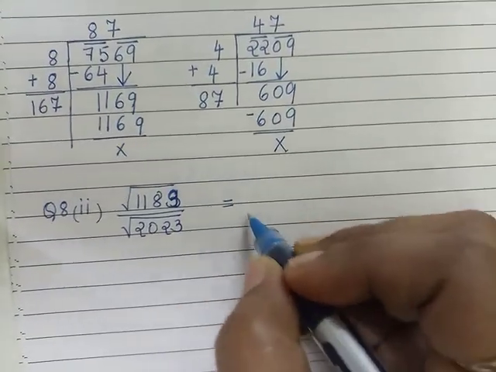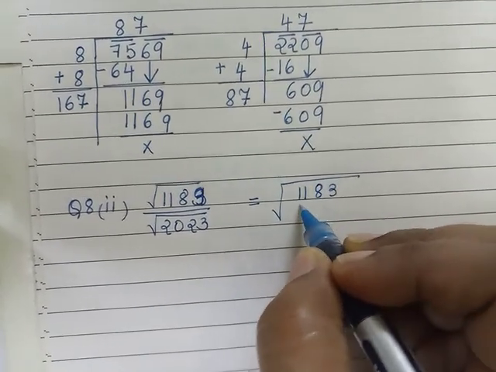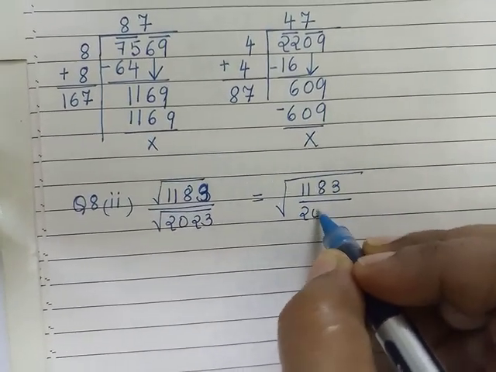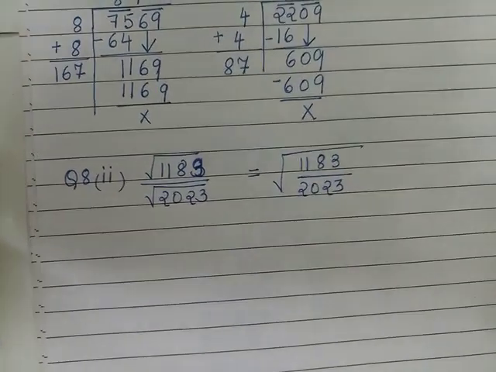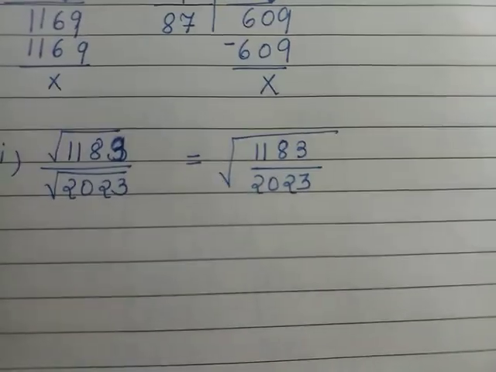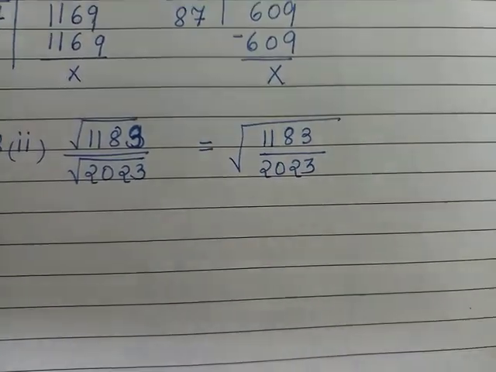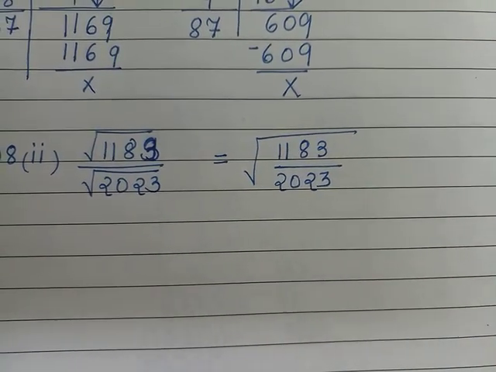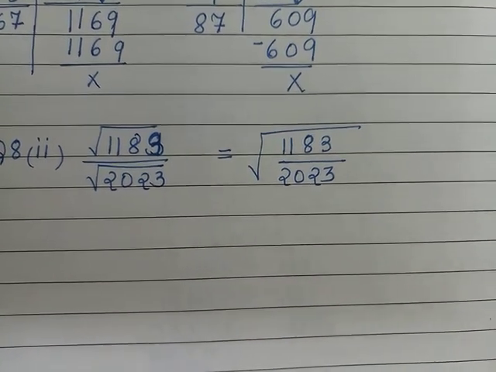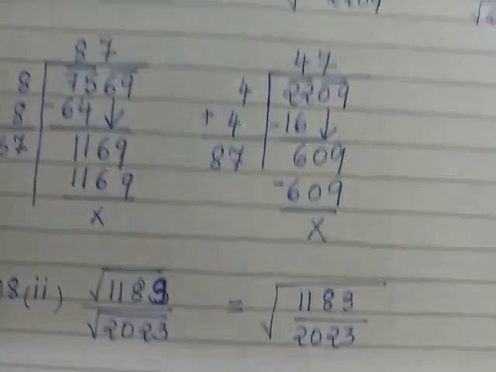So can we write it this way? 1183 upon 2023. Can you find any number which divides both numbers? That means any such factor they have in common. I find 2 is not common to them. They both are not divisible by 2, nor by 3, 4, 5.